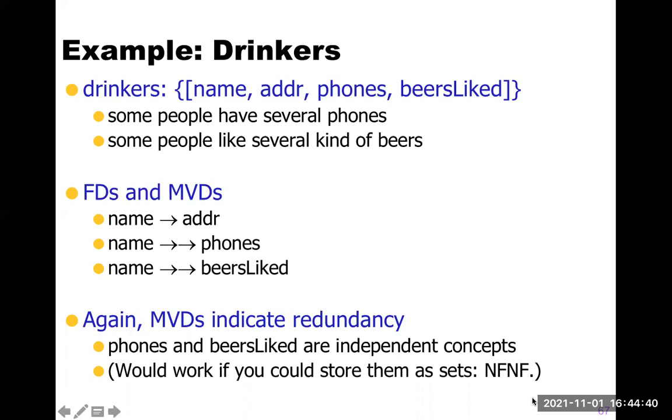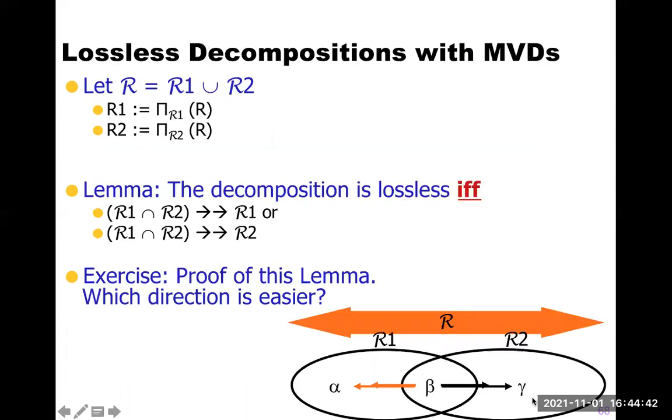And I can store them in non-first normal form. But it's better to decompose it almost the same way as we decompose it for functional dependencies. I have a table, and I split it into 2, R1 and R2, and then the same idea: decomposition is lossless if and only if the intersection of columns is a left part of a multi-value dependency for both tables.